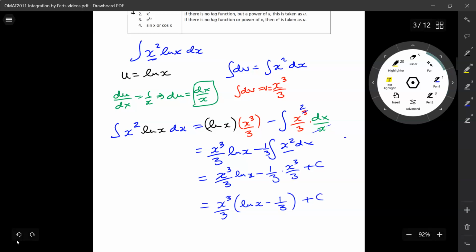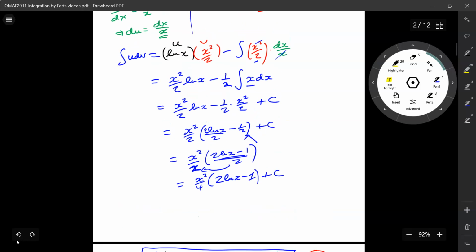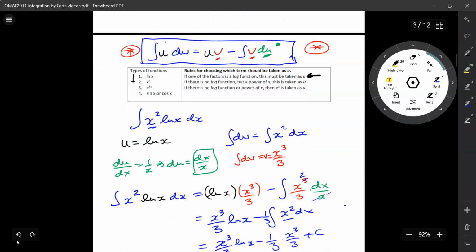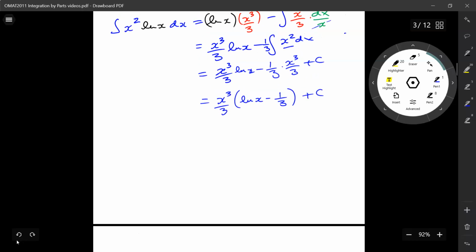And if you remember, the last one was x squared over 2 times the log of x minus a half. So in a case like that, you can see the pattern is repeating here. But what I can do is do what I did the last time, which is say that's equal to x cubed over 3. I can multiply above and below here by 3. So it's 3 times the log of x over 3 minus a third plus the constant integration.